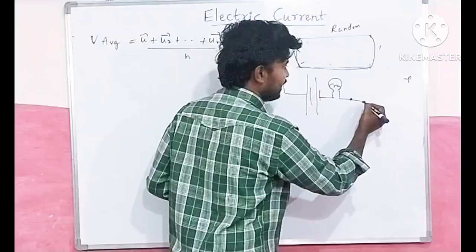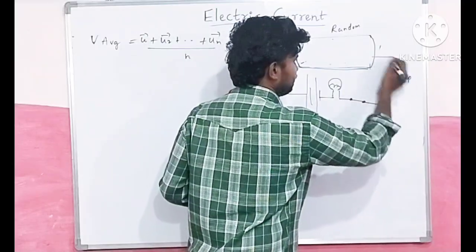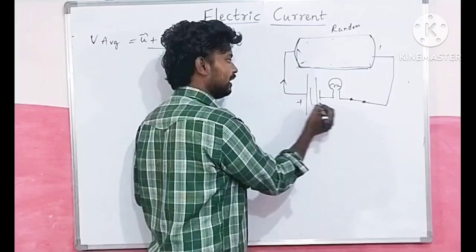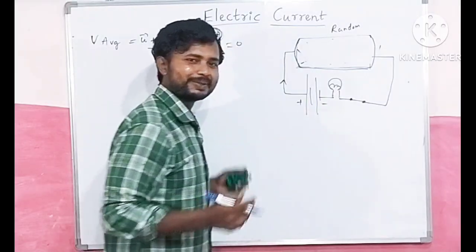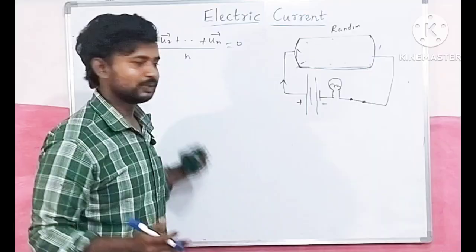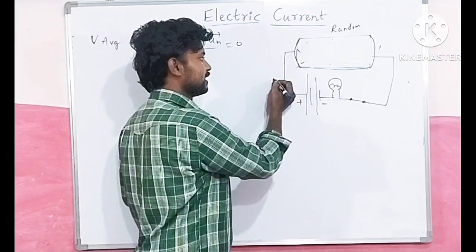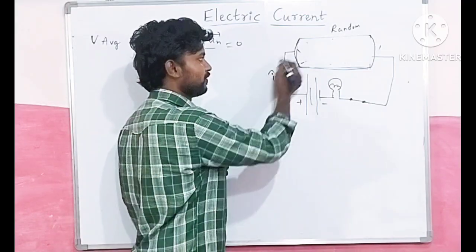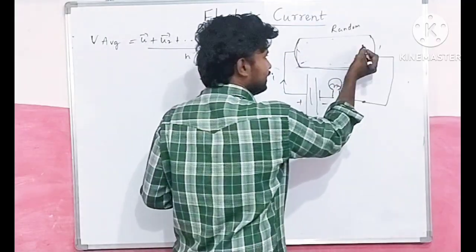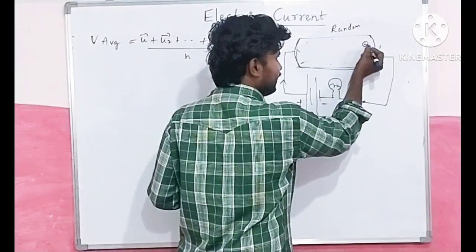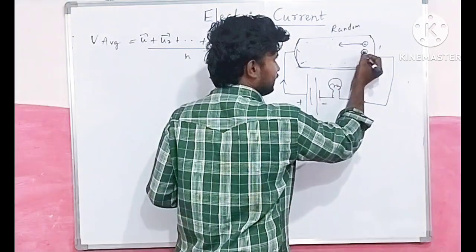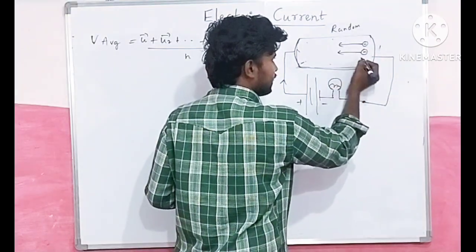When I switch on the battery, the current always flows in a circuit from the positive terminal to the negative terminal. So the current is flowing in this direction. The electrons are moving in an orderly way. When we connect a conductor to a battery, the electrons are flowing in this direction.